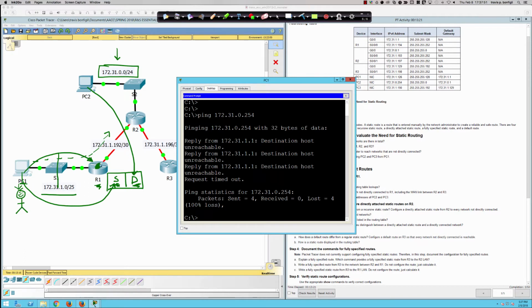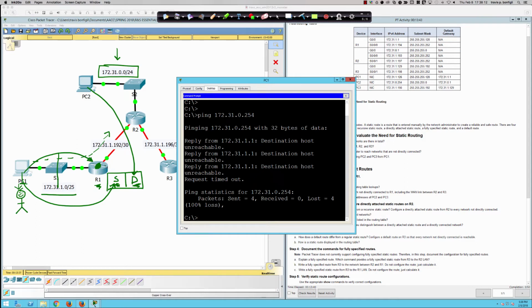So router 1 consults his routing table. And he says, do I have an entry to get to 172.31.0.254? Do I know how to get to that IP? Do I have an entry that tells me this is where you go?